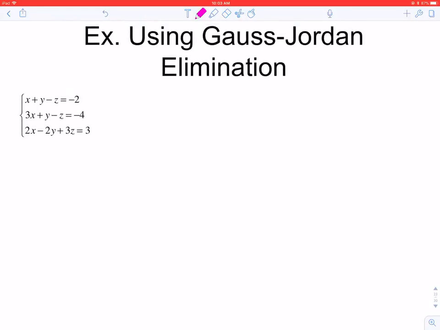Okay, so for solving this system of equations with three variables, the first part of solving this using Gauss-Jordan elimination is going to look very similar to using Gaussian elimination. So I'm going to start by writing the system as an augmented matrix.